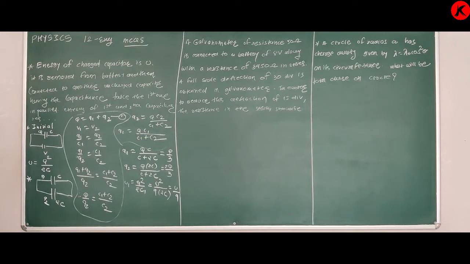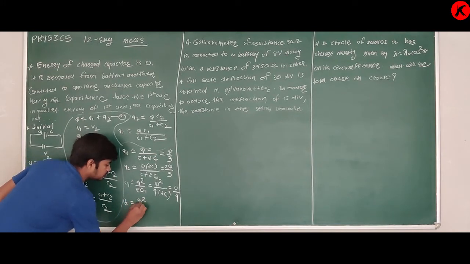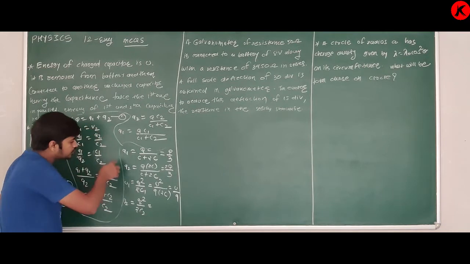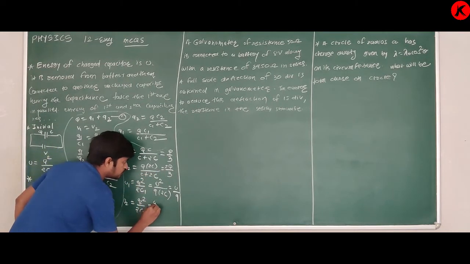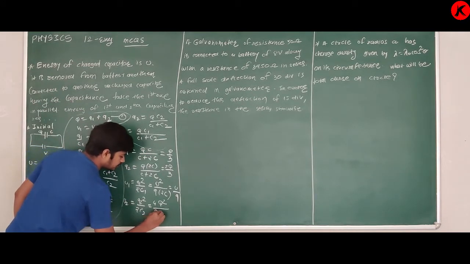So the energy of the first capacitor after connection is U by 9. Then U2 is equal to Q2 square upon 2C2. Q2 square is 4Q square by 9, divided by 2C2, so it is 2.